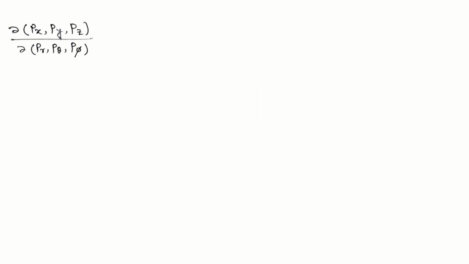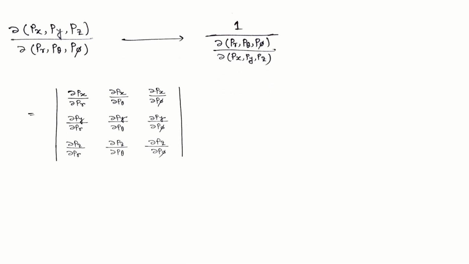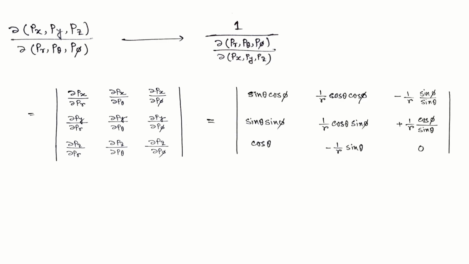Now make the determinant. This is the determinant, and from the relations we can calculate each element here. These are the elements, and if you solve it, you will get this relation. This is our equation 6, and the previous result was in equation 4.